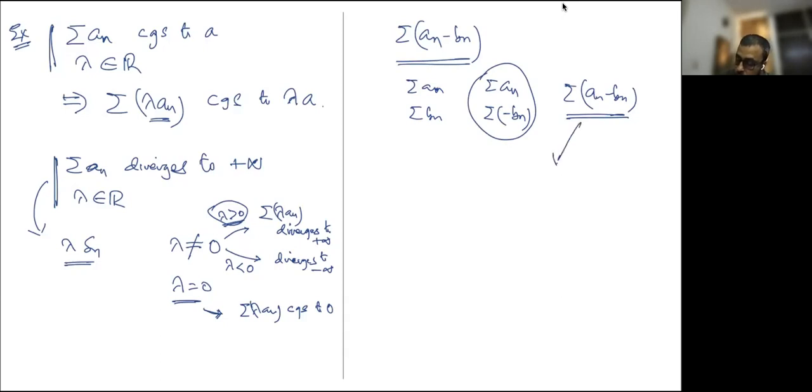So for this, what would be the case that would be problematic, where there won't be any definite conclusion? Both diverge to plus infinity. Right.